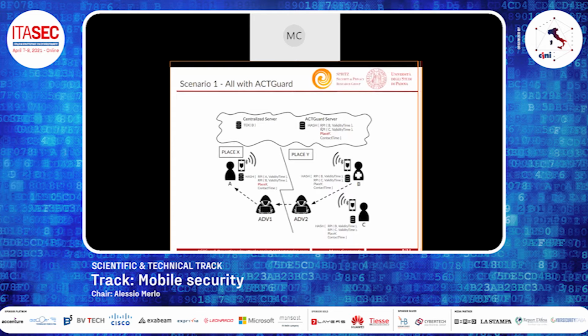So whenever B uploads all of his hashes, he will upload the hash of the encounter with C, but not upload any hash which matches hashes stored by A, because B was never nearby A, and this time this element, the place X, blocks the adversary 1 from fully impersonating B and from making A receive a risk exposure warning.